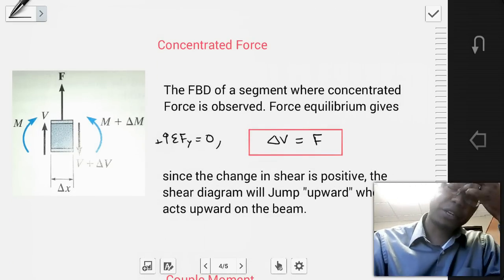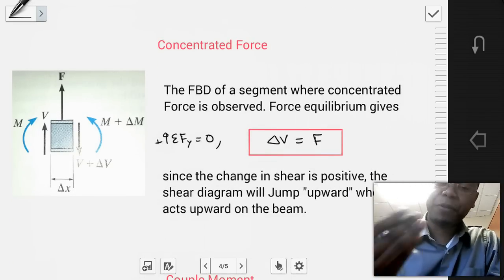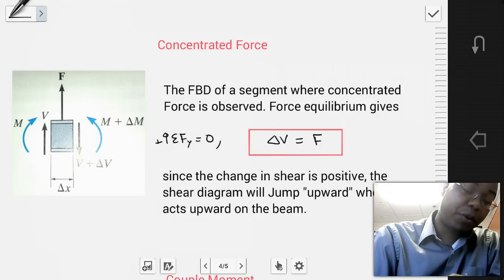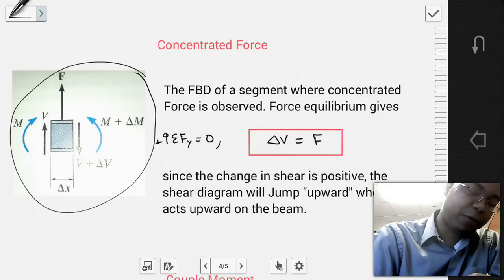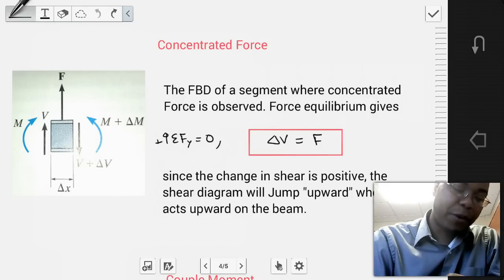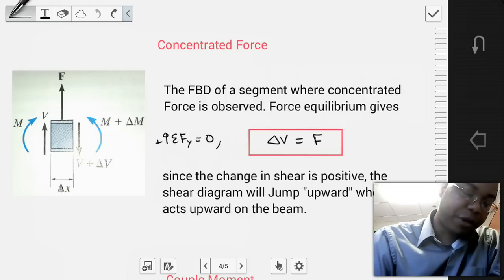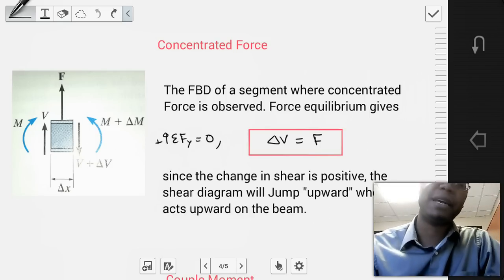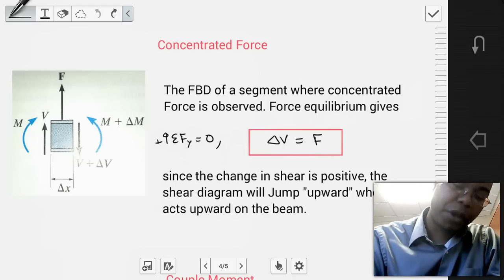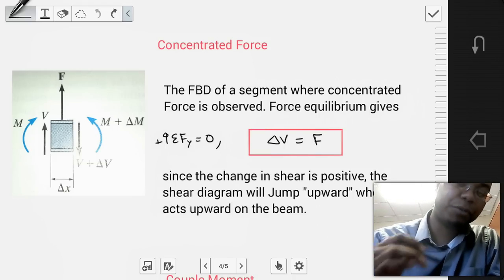If we were to take a differential element of a beam where we found a concentrated force, then we could create the following free body diagram, where we have our concentrated force, some differential distance, and then we have the internal forces that appear to the left and to the right hand side of the section. This is the free body diagram of a segment where a concentrated force is observed.